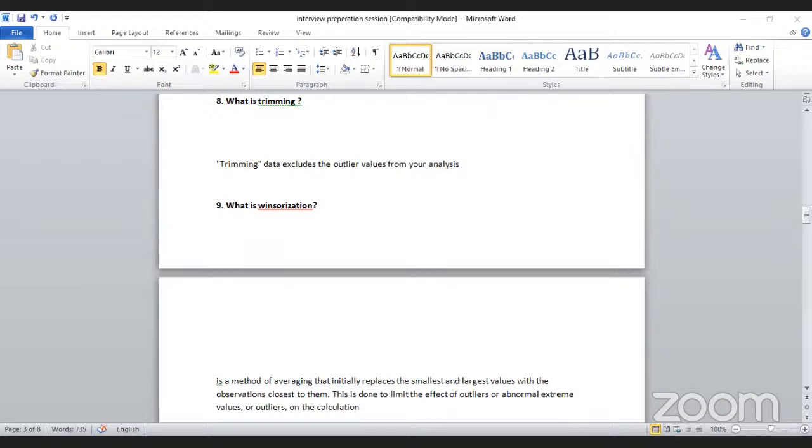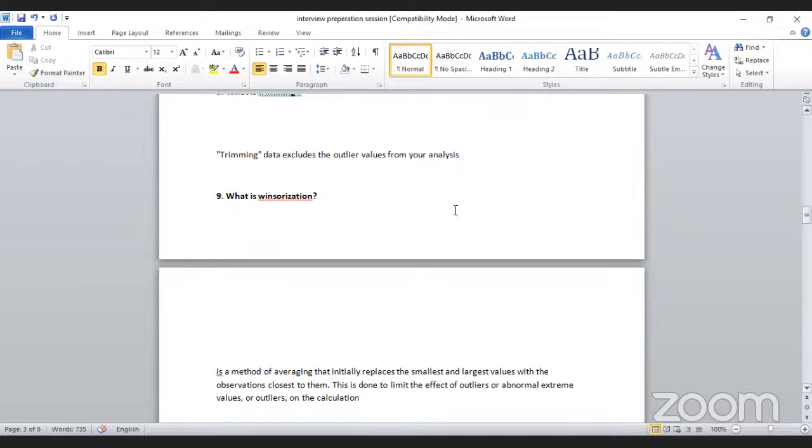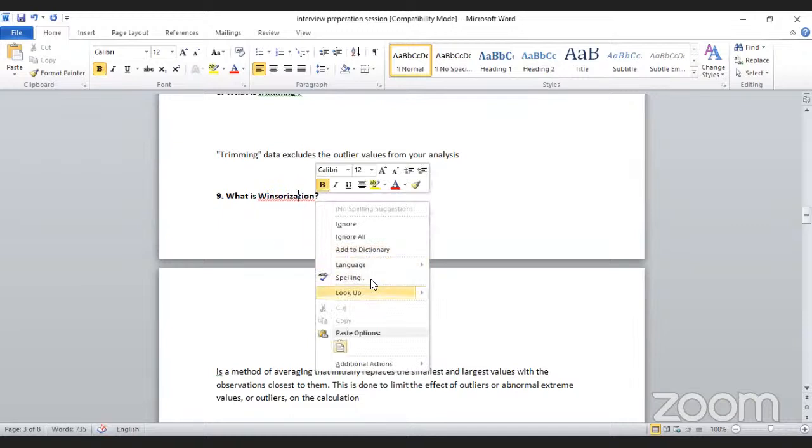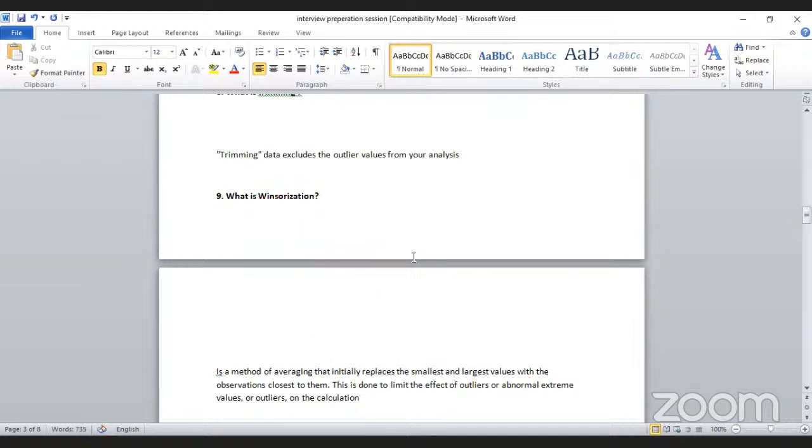So winsorization is a process of, okay, any idea what is winsorization? So it is a term related to outliers.